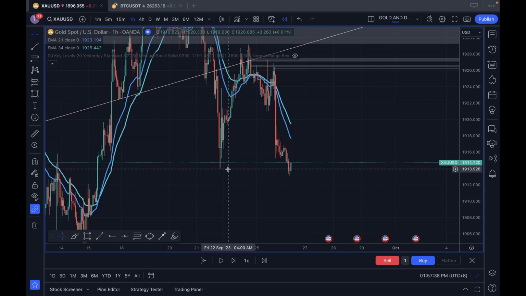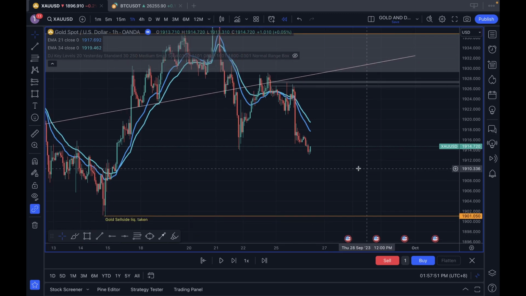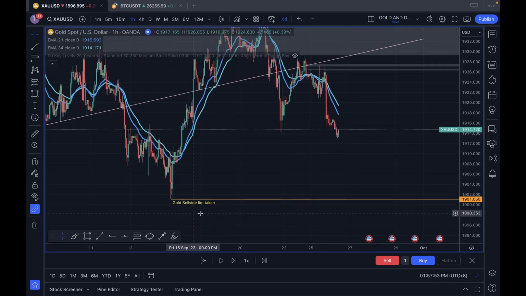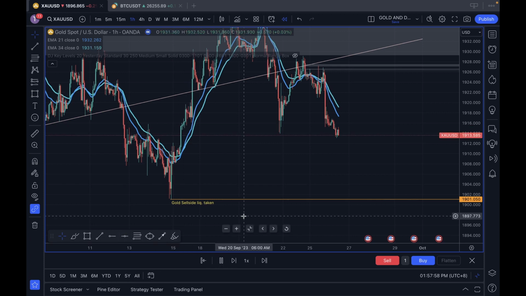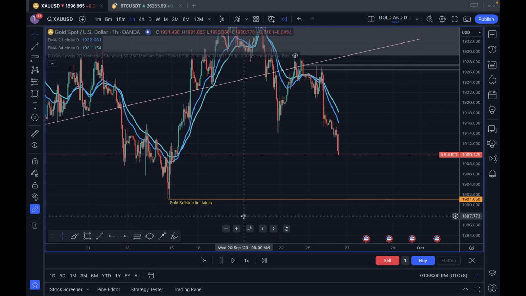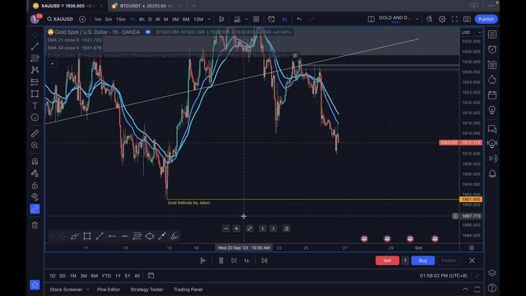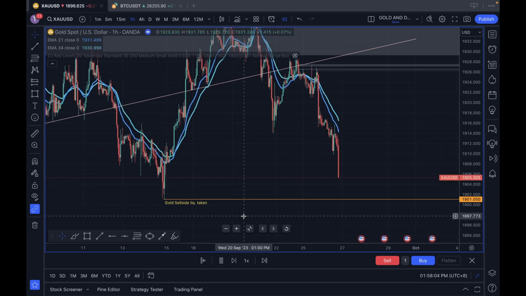I just had an alert set at 1914 areas, and once the price broke through this area and the H1 candle closed below, I brought my stop loss to break even. And of course, my main target was this sell side liquidity over here at 1901s. And of course, if I play it forward, eventually it came down to my TP target, my main TP.